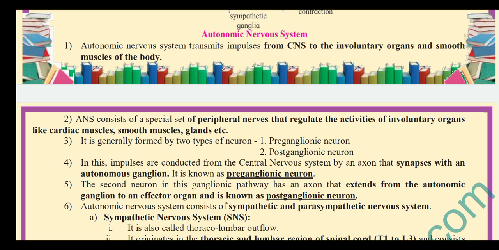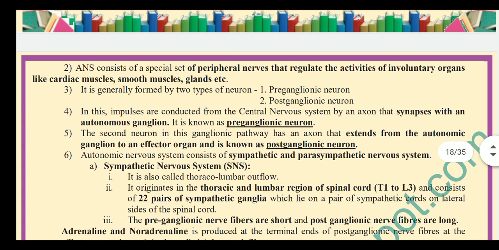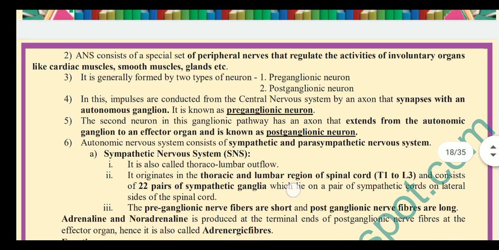It consists of a special set of peripheral nerves that regulate the activities of involuntary organs like cardiac muscles, smooth muscles, and glands, etc. It is generally formed by two types of neuron, preganglionic neuron and postganglionic neuron.